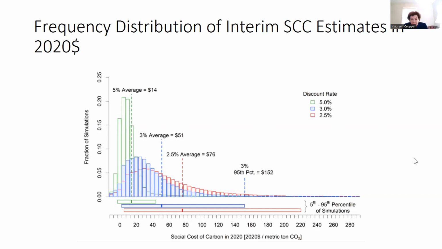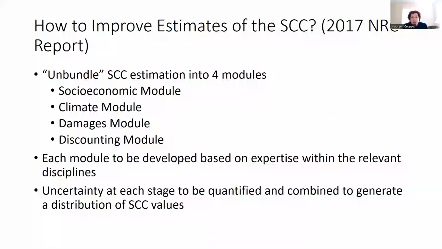And that's fine. What happened was that the federal government went to the National Academy of Sciences, to the National Research Council, to ask for advice on how to improve the social cost of carbon. And so what we advised, I co-chaired this committee along with Richard Newell, who's currently the president of Resources for the Future.